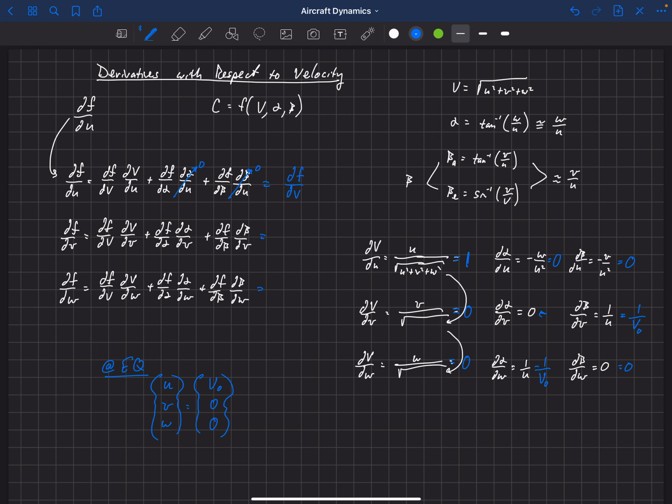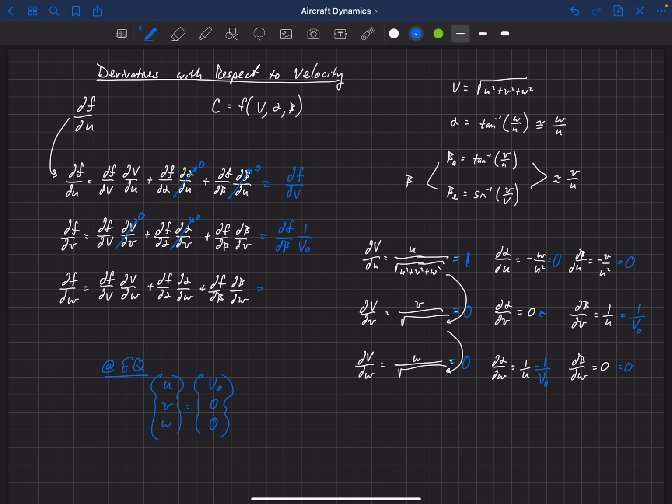The next one, we've got dv is equal to 0. And d alpha dv is 0. And d beta dv is 1 over V naught. So we're left with the partial of f with respect to beta times 1 over V naught, all right?